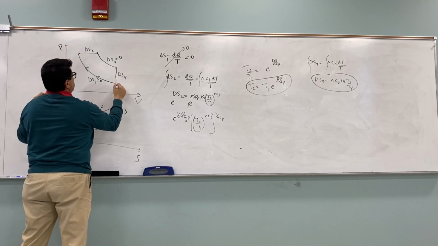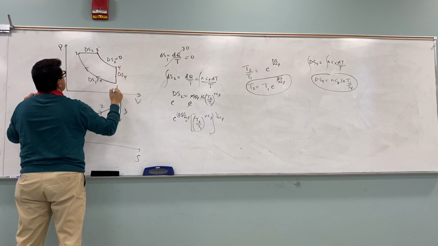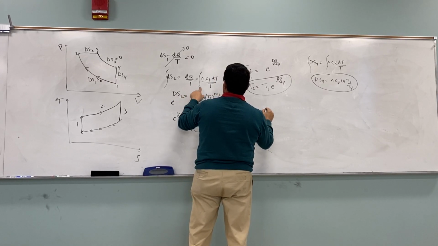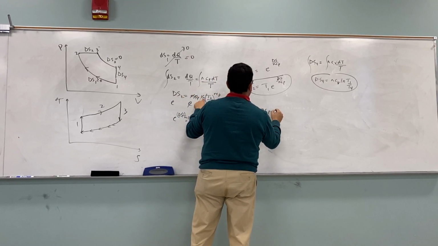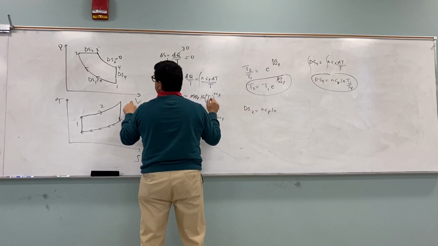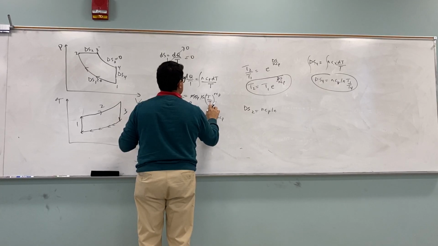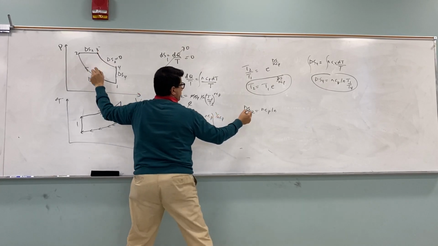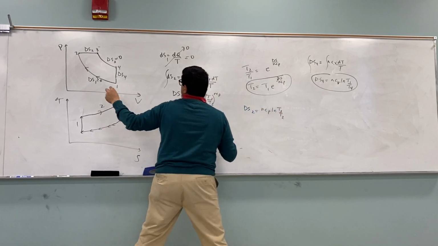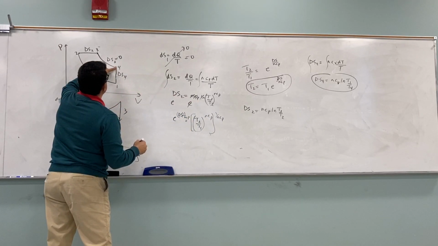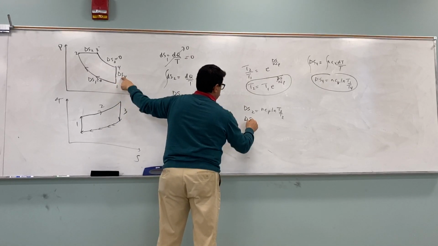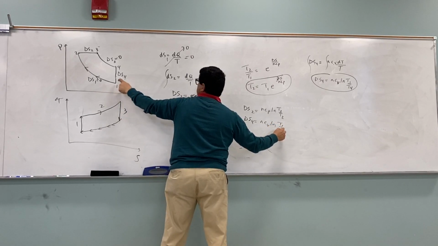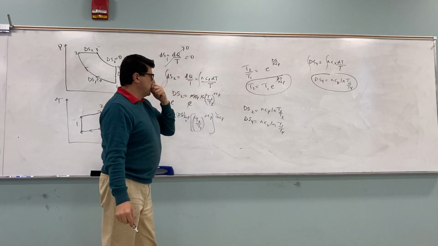If we call this 1, 2, 3, 4, delta S2 is N Cp ln of T3 over T2, and delta S4 is N Cv ln of T1 over T4. If I add those, they should cancel.